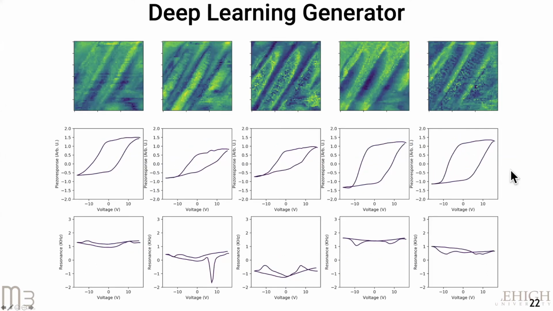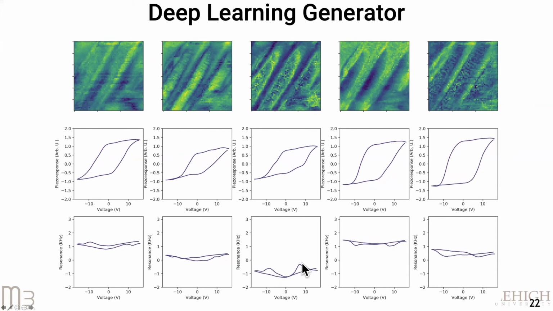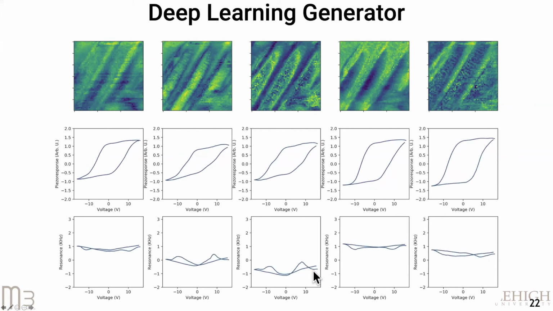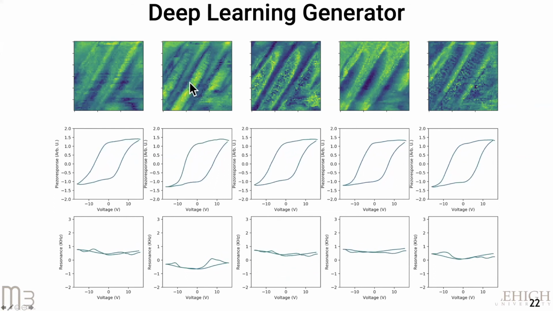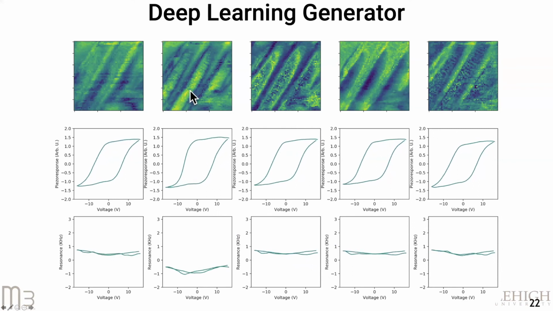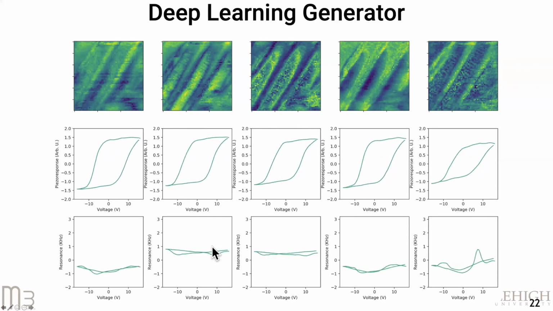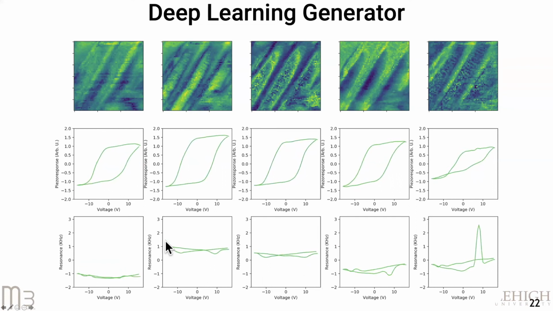If we now look at the deep learning generator, we can see that much more of the important structural features are identified. Here, in this blue region, we see the 2-step switching process. We can see in this image, as we increase the value, as we go towards this brighter region, what we're going to see is that classical softening and hardening process, and it's also going to increase in magnitude.